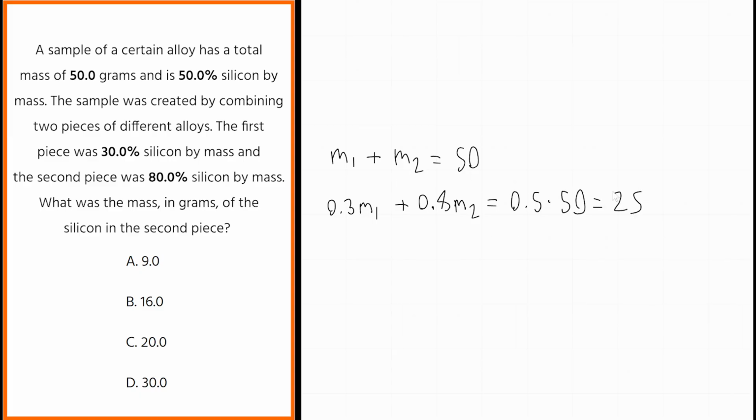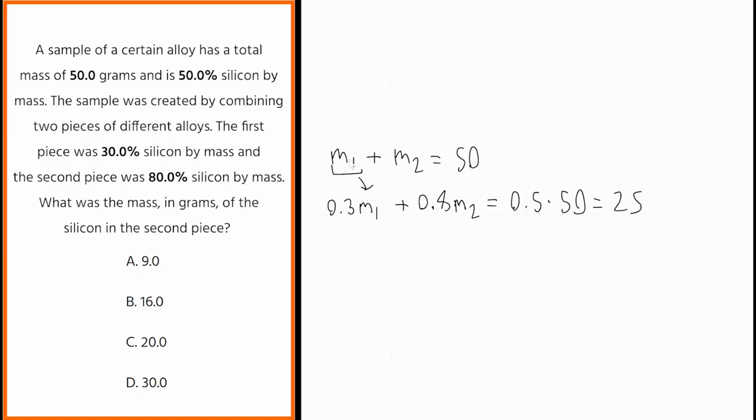So here we have two equations from the information in the problem: M1 plus M2 equals 50, and 0.3 M1 plus 0.8 M2 equals 25. To solve the system of equations, all we have to do is isolate the value of M1 in the first equation, and then plug that value into M1 in the second equation.